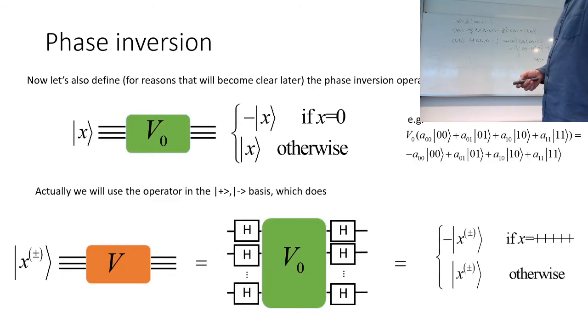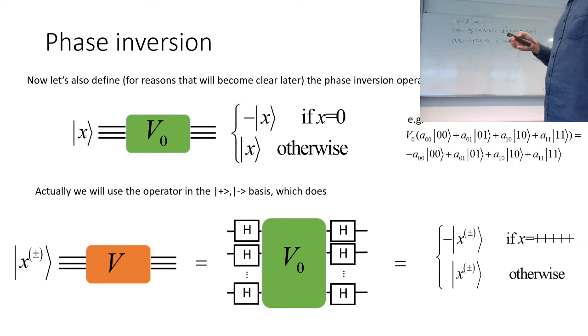So this is the definition of phase inversion. We just change the sign of the zero state. And again, this x is only really defined for computational states.